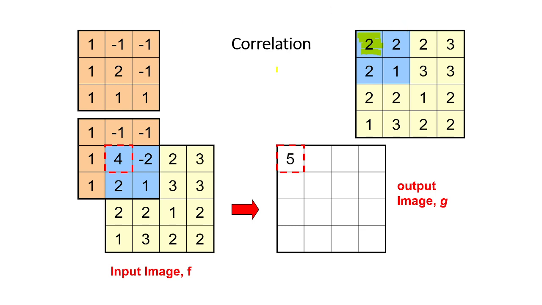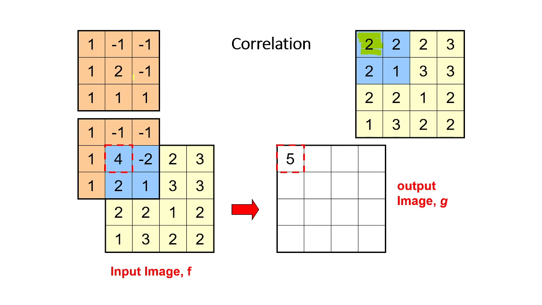When it is placed above here, what happens? 2 plus 2 is 4, minus 1 into minus 2 is minus 2, 1 into 2 is 2, 1 into 1 is 1.